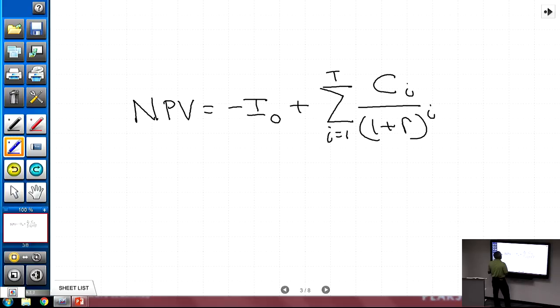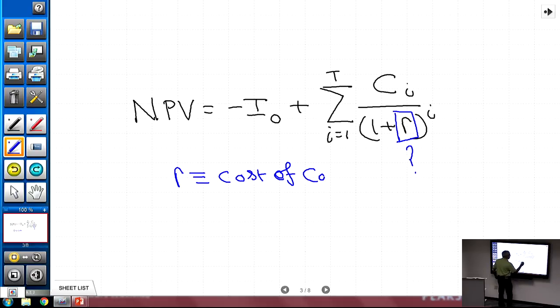In this equation, there was one important input that we have not discussed so far. And that input is this rate of return, or this discount rate. At what rate should I discount these future cash flows? And the answer is that R should be equivalent to the firm's cost of capital.